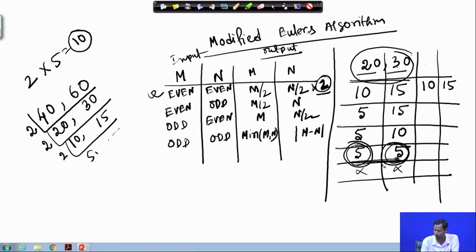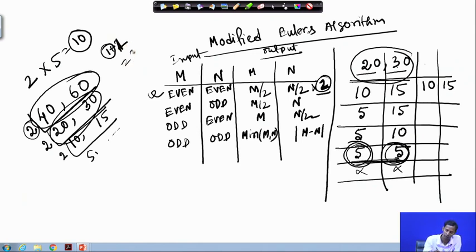For this particular case I am finding both are even, which is already stored one time. Again I am finding both are even, so now it will be 1 plus 1, that means 2. So, 2 into 5, that is 20, is the greatest common divisor among these two. If you see 40 and 60, the common divisor among them is 20.